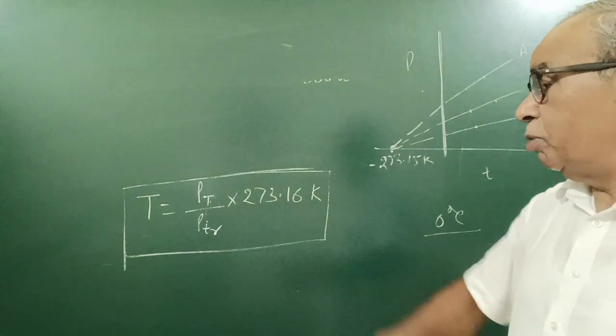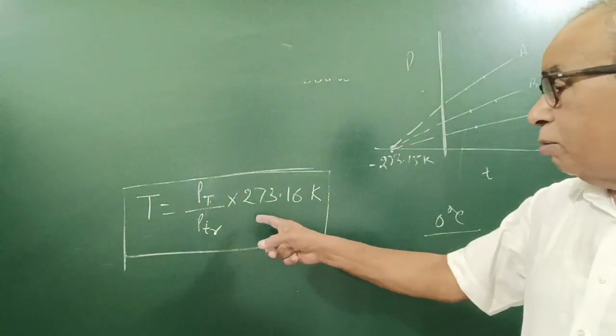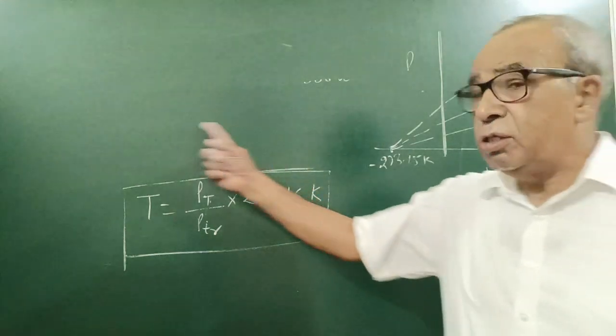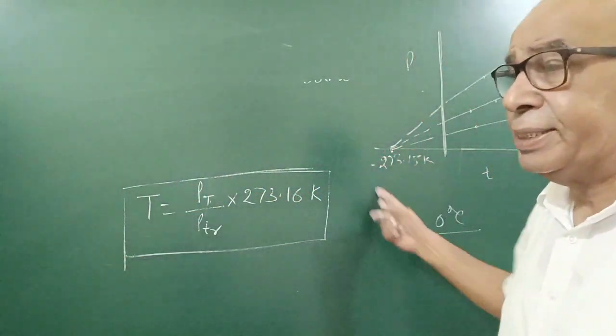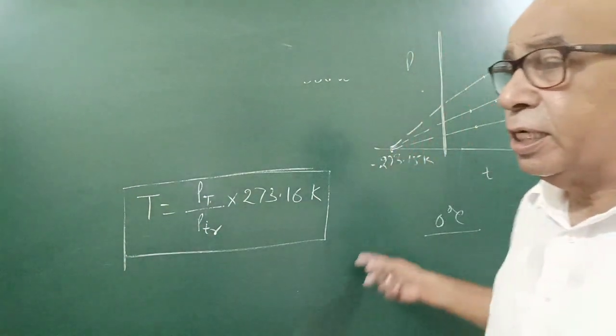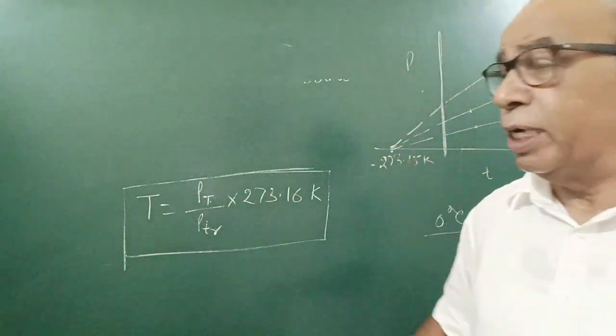This is modern thermometry. Actually, I had to search for this. It is not written in every book, even the NCERT book has not written this. But this is important.